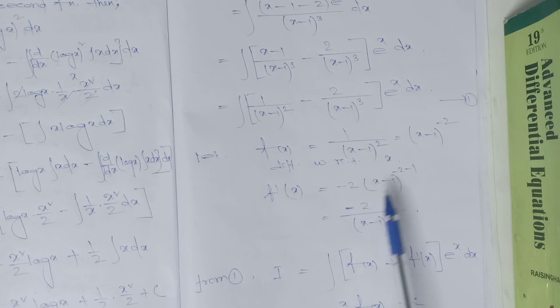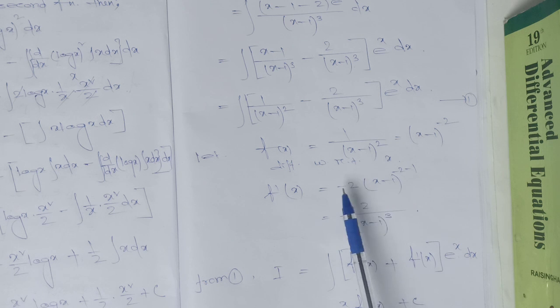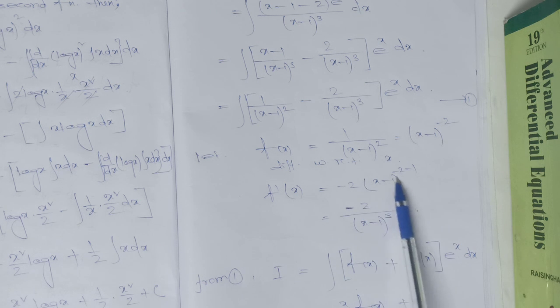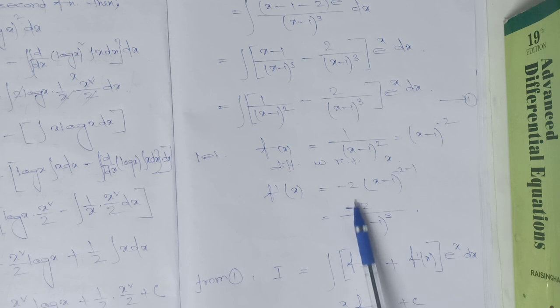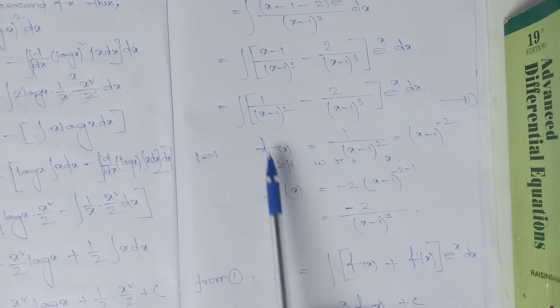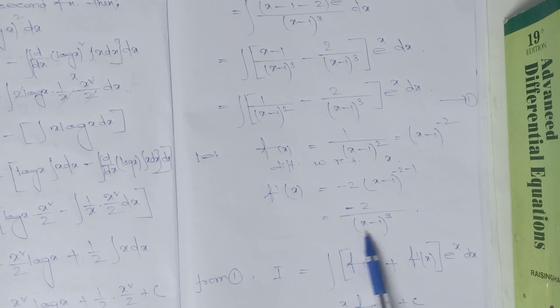That is n x to the power n minus 1. Here n is minus 2. So minus 2 times x minus 1 to the power minus 2 minus 1, so minus 2 by x minus 1 whole cube. Now from 1 we can write I equal to, we have taken f x, so f x plus f dash x, because f dash x is minus 2 by x minus 1 whole cube, and the result of this is e to the power x f x plus c.